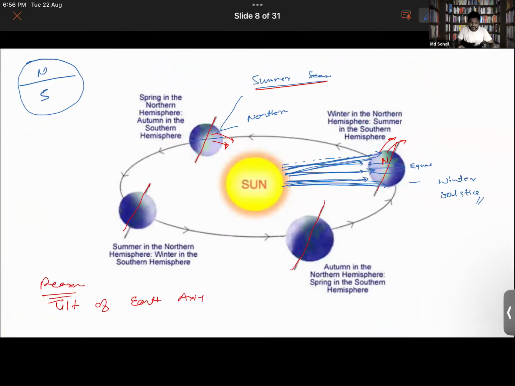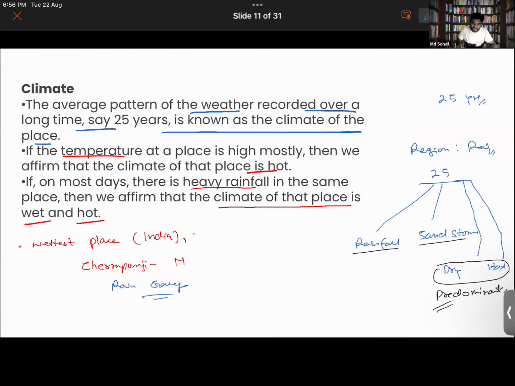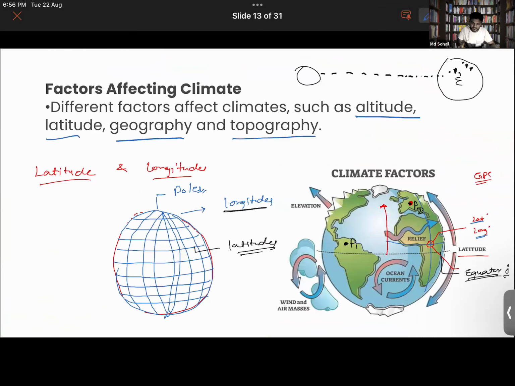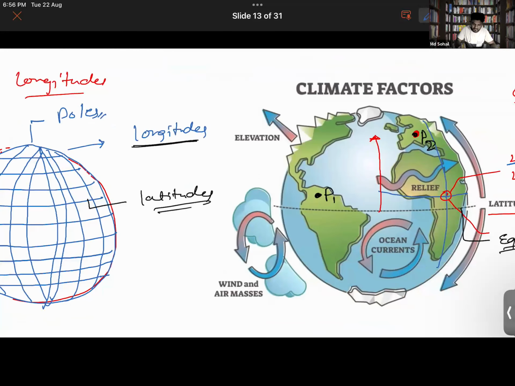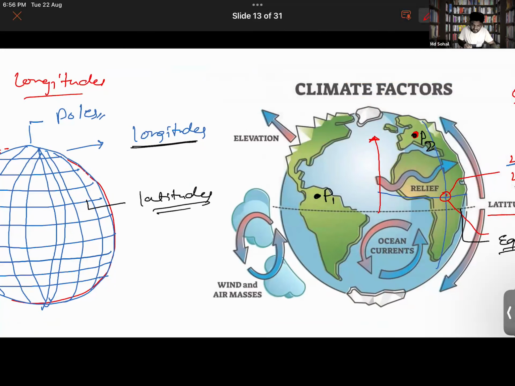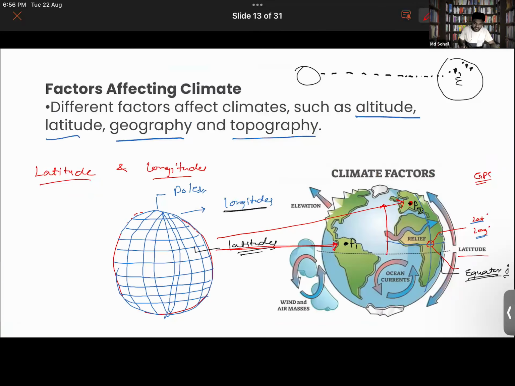So which place, place 1 or place 2, is going to have more sunlight here? Place 1, obviously, since the rays of sunlight are falling directly over it, while it is falling at an angle here, right?